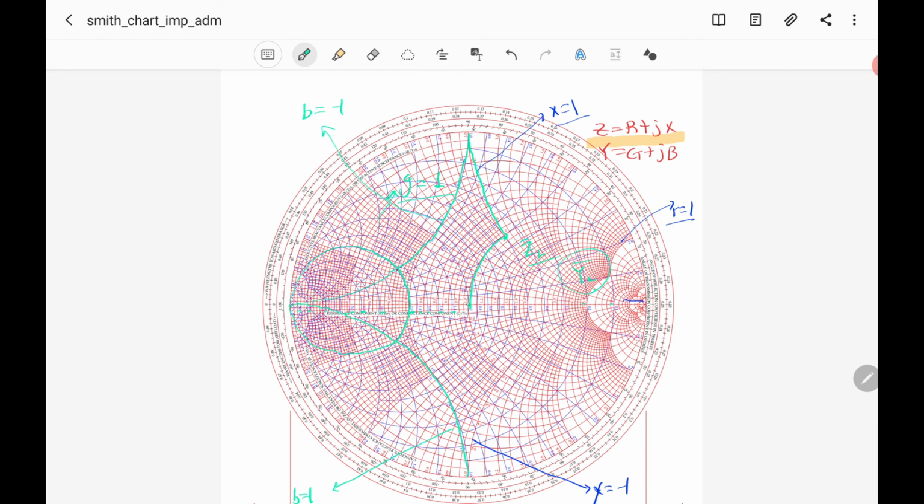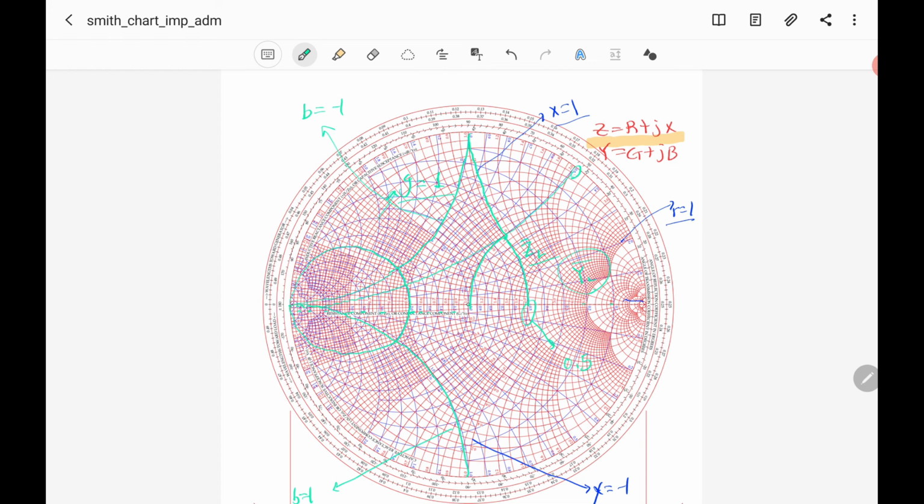So from this point, we just find the circle which intersects this point. So this conductance chart, right? So this is 0.5, blue one, 0.5. And then if you find this blue constant susceptance circle, you see this one. The blue one is 0.5, right?